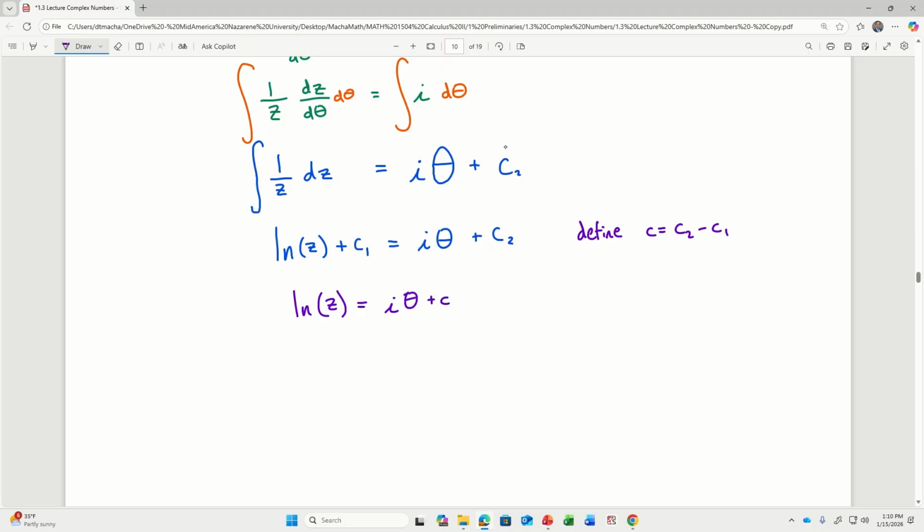And then that means I can move on with just one arbitrary constant instead of 2, which is nice.